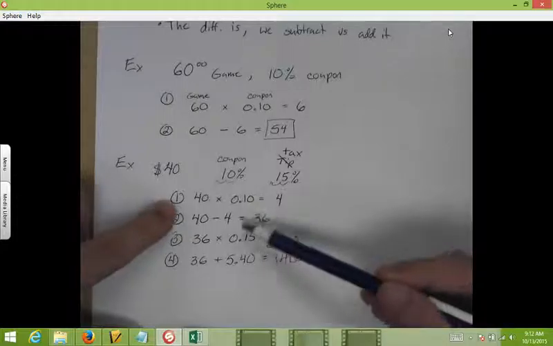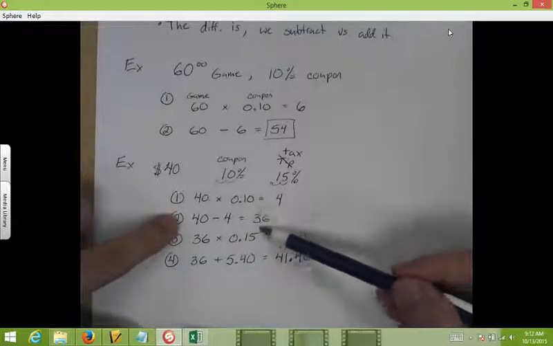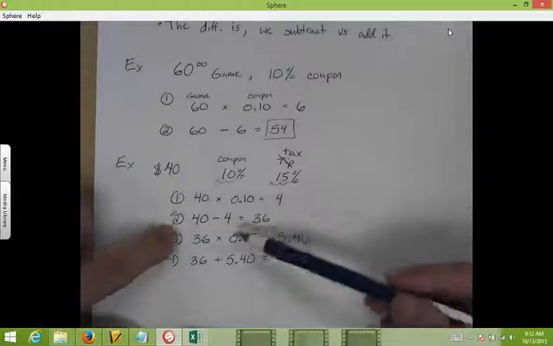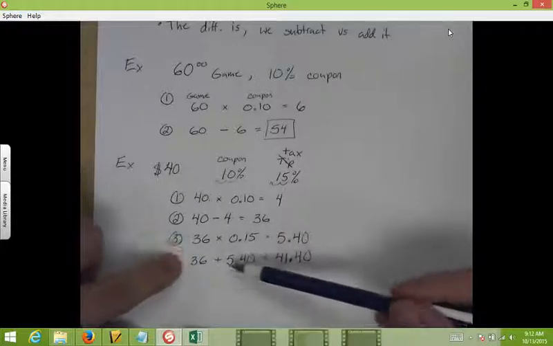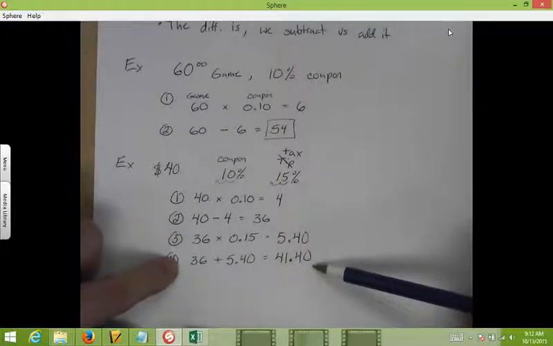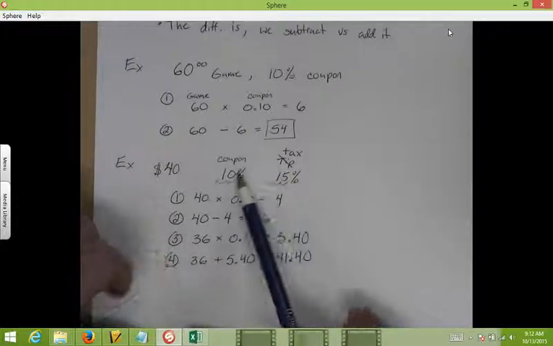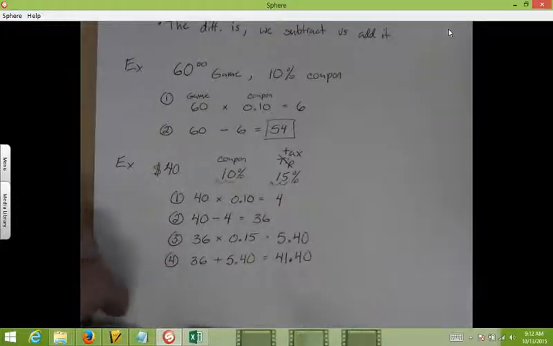Take away the coupon amount, now that means the cost of the game is $36. This is what you pay tax on. Tax on that amount means the store is going to charge you $41.40. So whether you're doing coupon and tip or coupon and tax, you do this the same exact way.